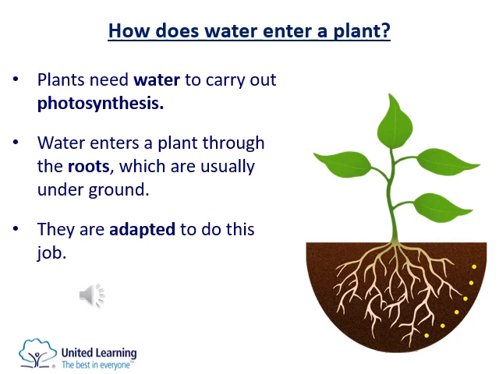So water is vitally important and needs to get into the plant so photosynthesis can happen, because without photosynthesis there is no energy, and the plant wouldn't be able to grow and it would die. So roots have to be really adapted to do this job because this job is so vitally important.